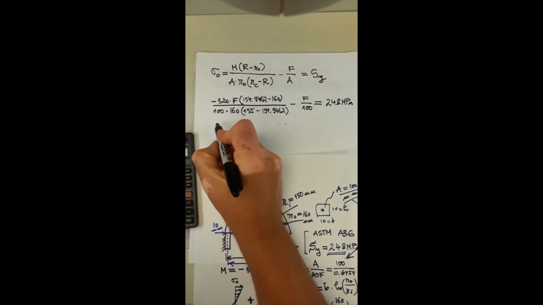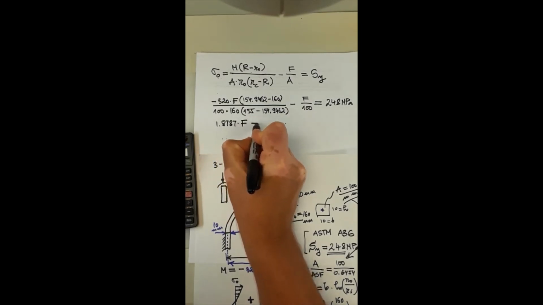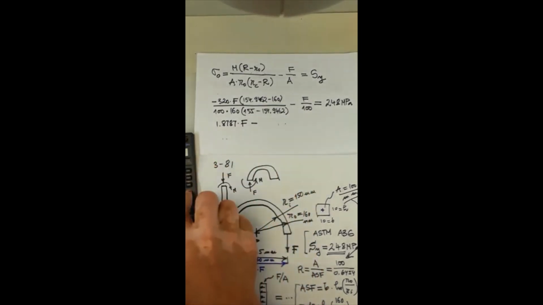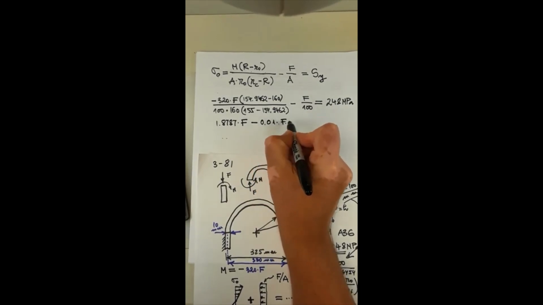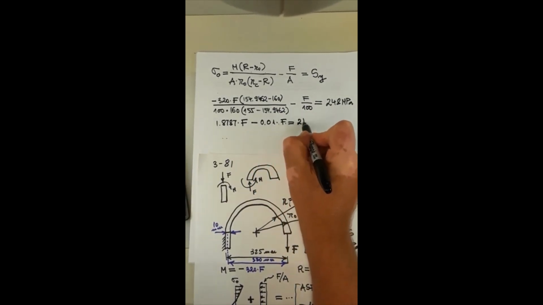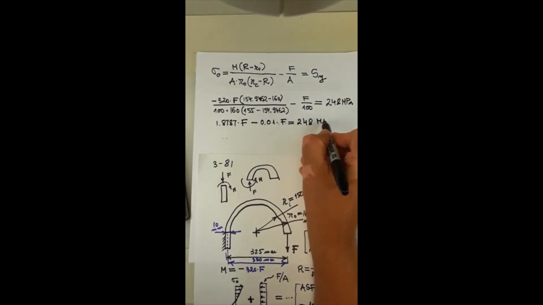This is 1.8787 times F, and then here would be 100, that is 0.01 times F equals 248 megapascals.